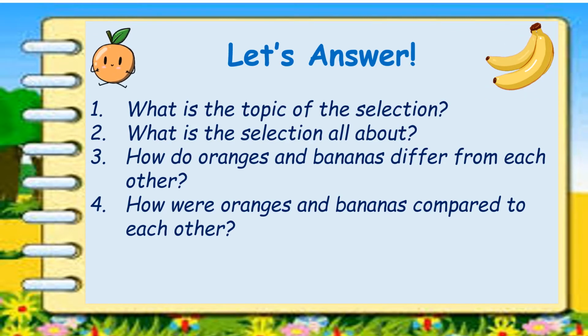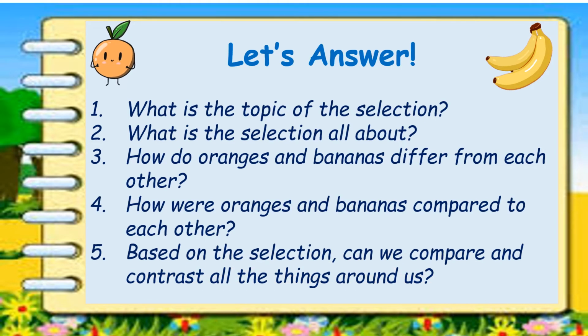Number 4. How were oranges and bananas compared to each other? All right. So if you answered something related to they were compared in terms of how they are eaten, you are correct.